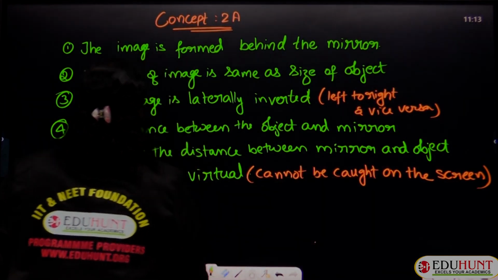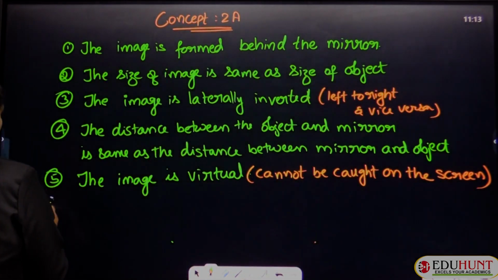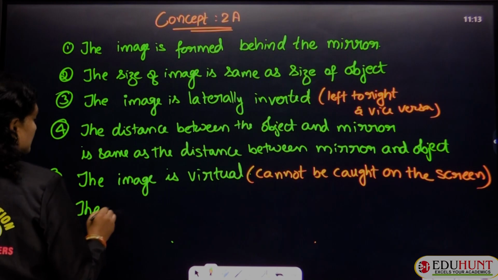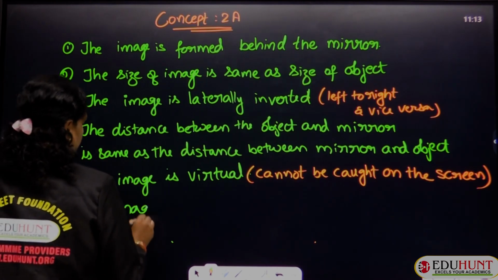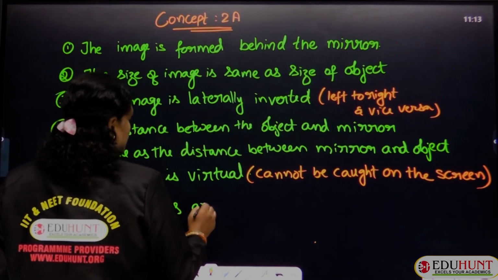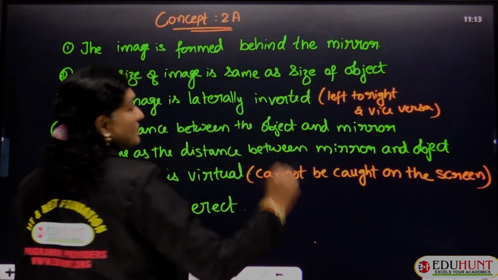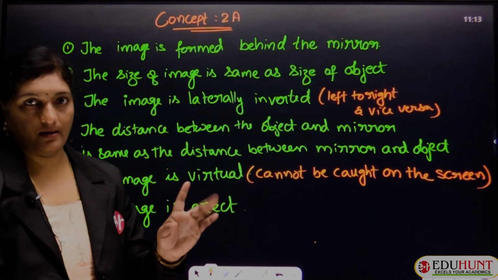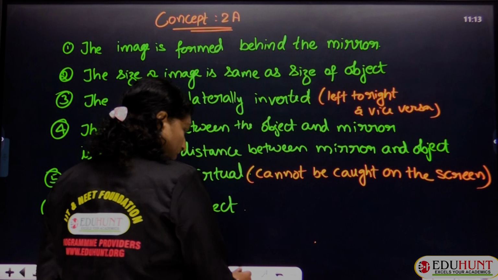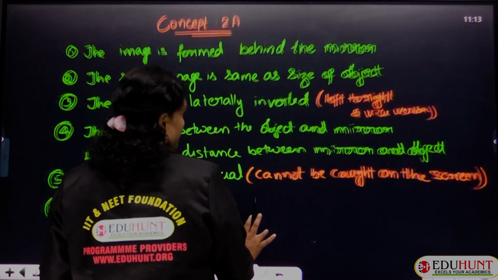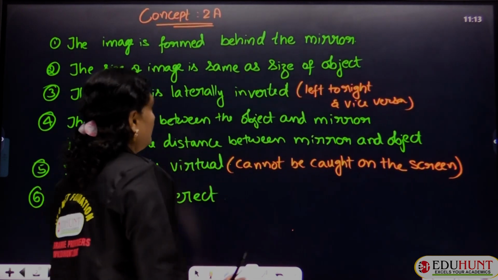Next, last point, the image so formed is always erect. Erect means straight upwards. Okay. So, if you want to picturize this, let me explain you clearly.